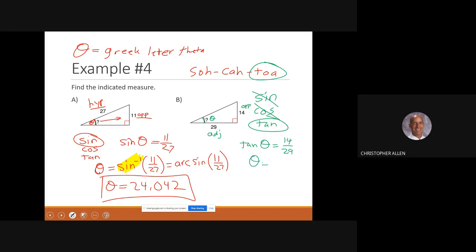So theta is going to be equal to, and I'm just going to write it the way your calculator would have it, most of you at least. So that's what you need to plug into your calculator. Tan to the negative 1, that's the inverse of tangent, of 14 over 29. I'll do the same. Second.